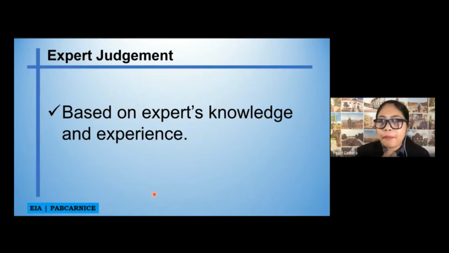So, for example, the EVSU College of Medicine, which is your EIA study, if I can give a comment as to the members, it would be better if there is a doctor of medicine that is part of your study, because it's a college of medicine. So that medical doctor can give insights as to, for example, the design of the building, what are the needed equipment, what are the classroom design and laboratory design.